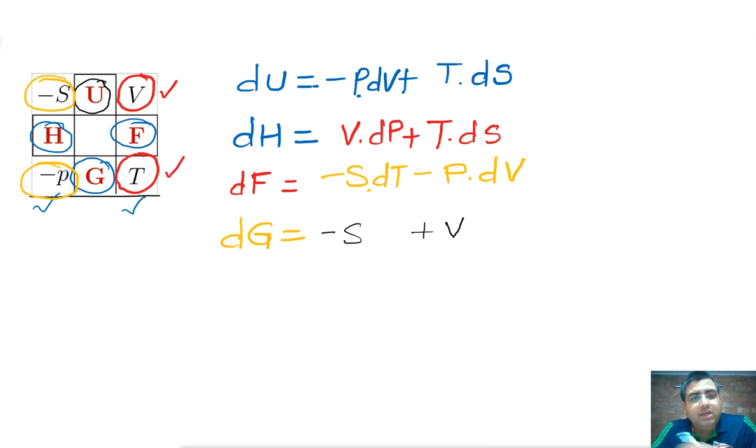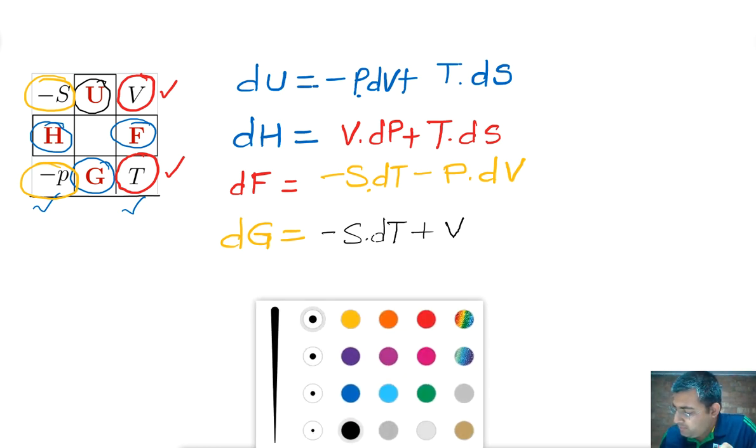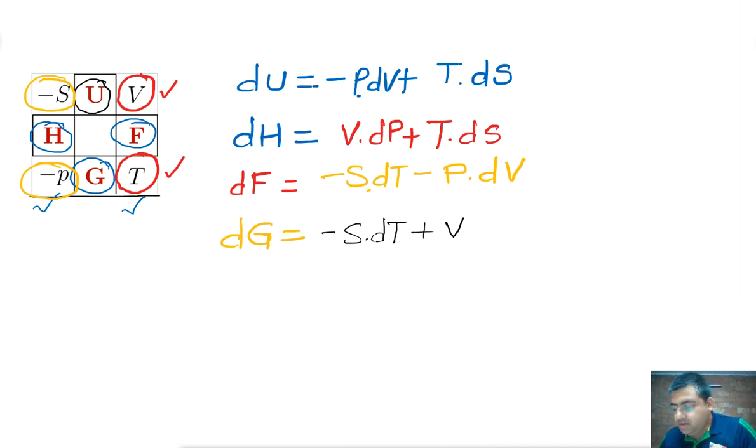Okay, now the diagonal element for s is t, so we will write minus s into dt. Okay, and for v it is p, so we will write v into dp. So this is how we have taken these four Maxwell equations.